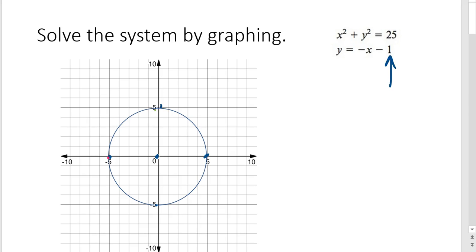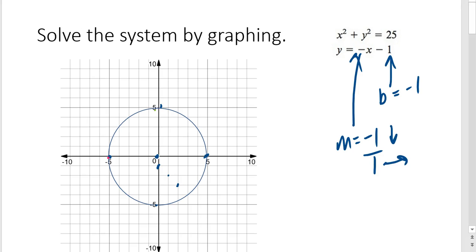We know that our y-intercept can be graphed first, and our slope tells us to go down 1, right 1. Or you could also say it's up 1, left 1. Or you could just extend the line. So go ahead and draw that.